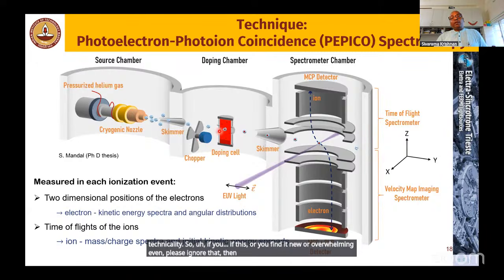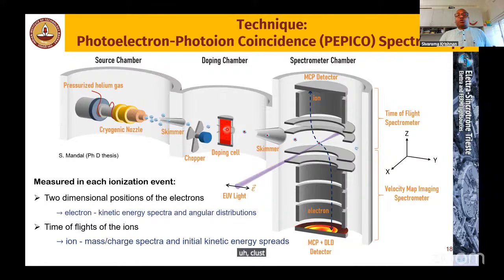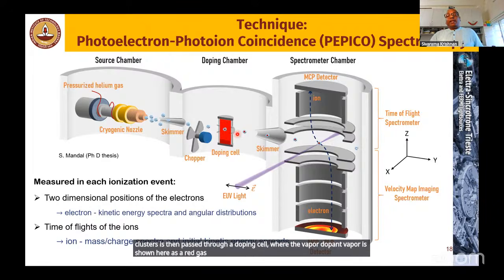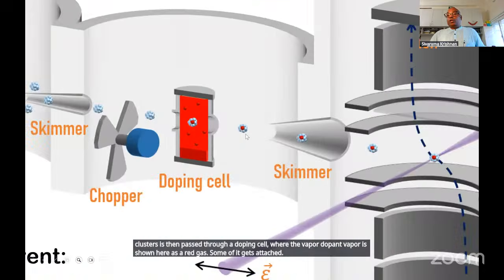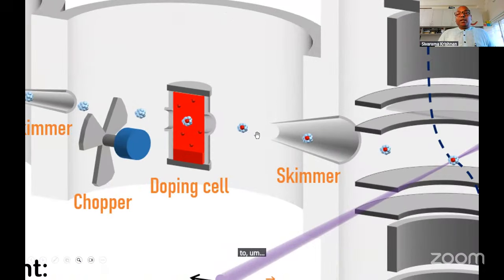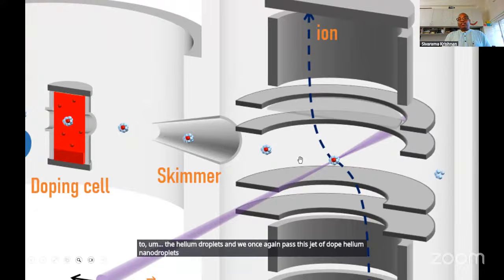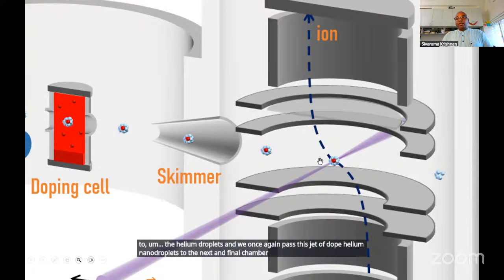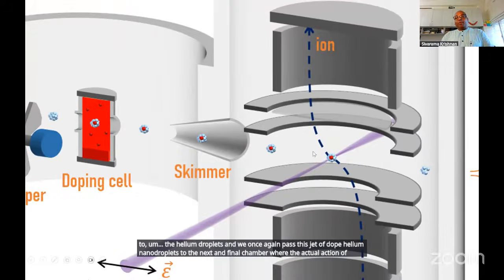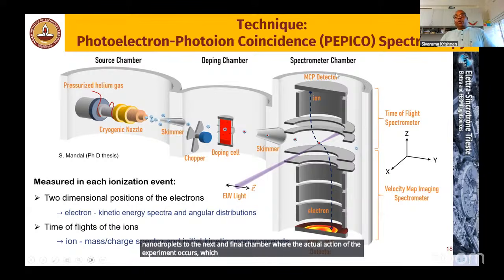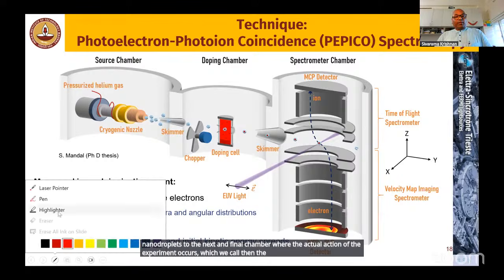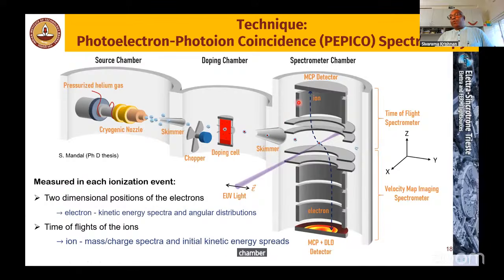Then the jet of helium clusters is passed through a doping cell where the dopant vapor is shown here as a red gas. Some of it gets attached to the helium droplets, and we once again pass this jet of doped helium nanodroplets to the next and final chamber where the actual action of the experiment occurs, which we call the spectrometer chamber, which is over here.